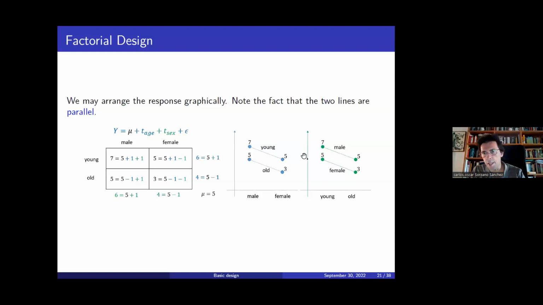The axis is young, old, and what you see is that these lines are parallel. So parallel lines are an indication that the differences are caused simply by sex or age, and only by those. And those are called main effects.